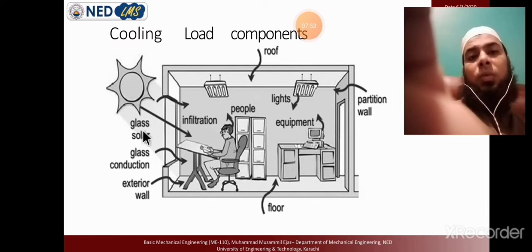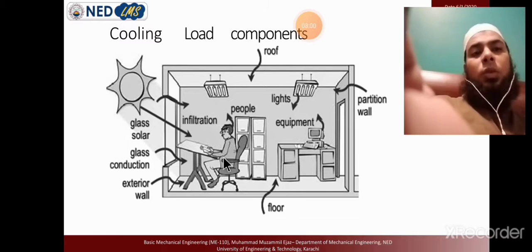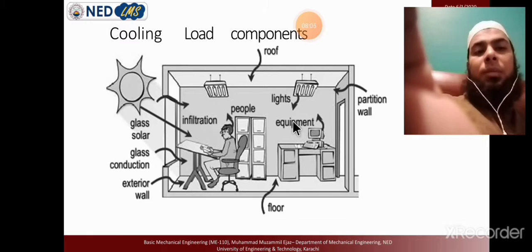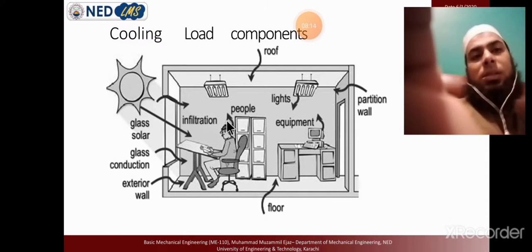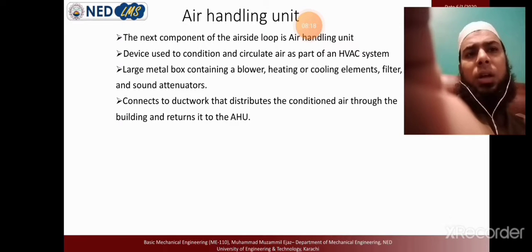To overcome that heat, we need the cooling load. Like a 1000 ton chiller means it produces 1000 tons of chilling to counter this heating of the space.